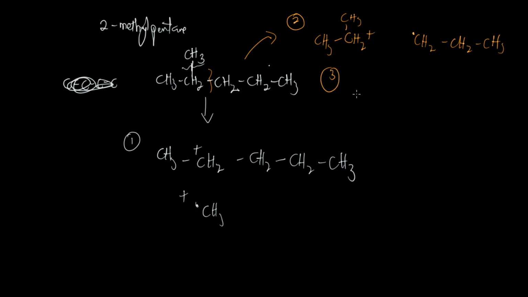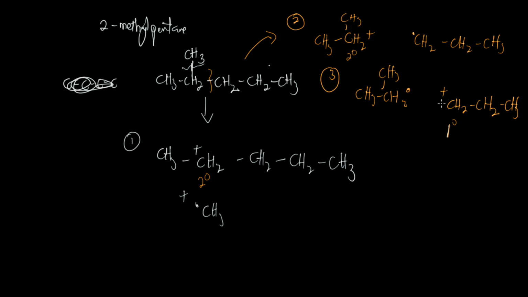We can also have another situation whereby this one takes the radical and this one takes the positive. But it's important to note that in a case like this, the carbocation here is secondary, 2 degree. This one is also 2 degree, and this one is just primary. We only detect the positive, right?